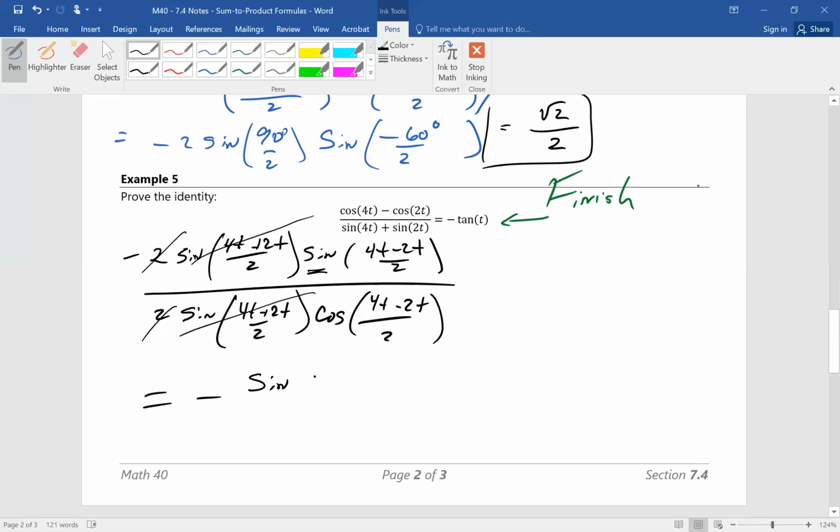Divided by 2 is just t, yeah? And same thing for the bottom. So all I'm doing is simplifying inside the angle here. And that is going to give me minus tangent t. You're done.